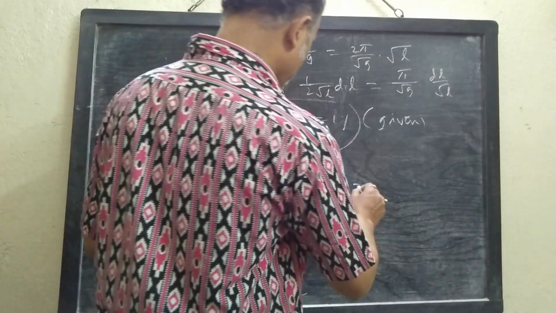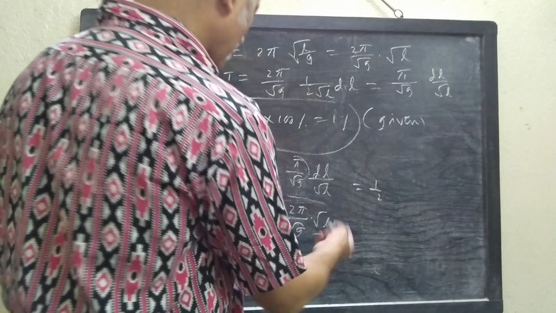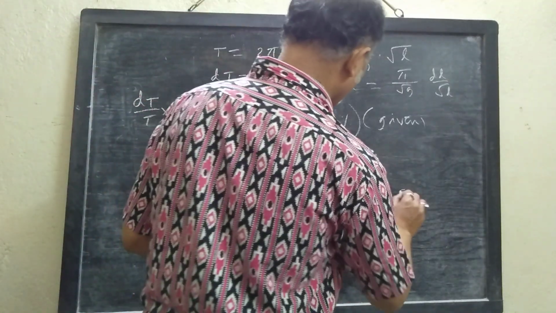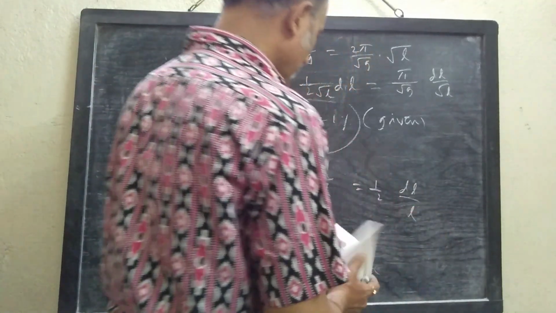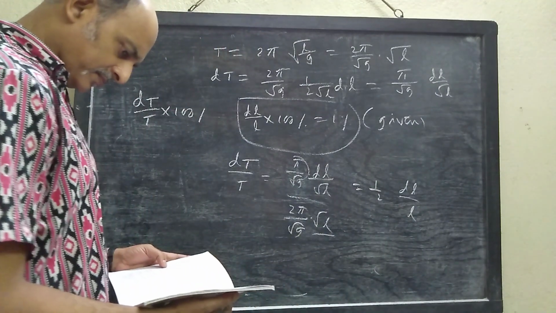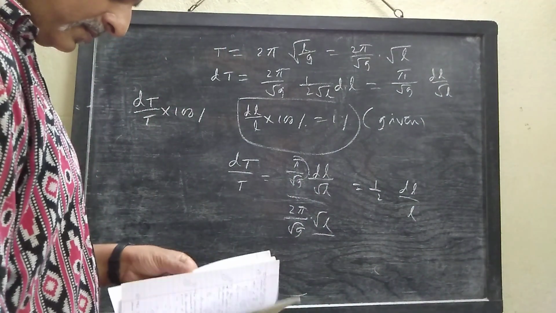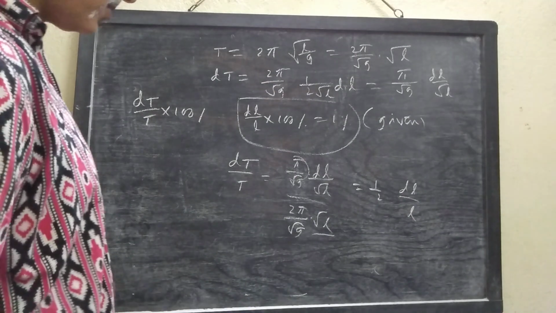Here remains half, and root L by 1 by root L will become dL by L. So half dL by L.